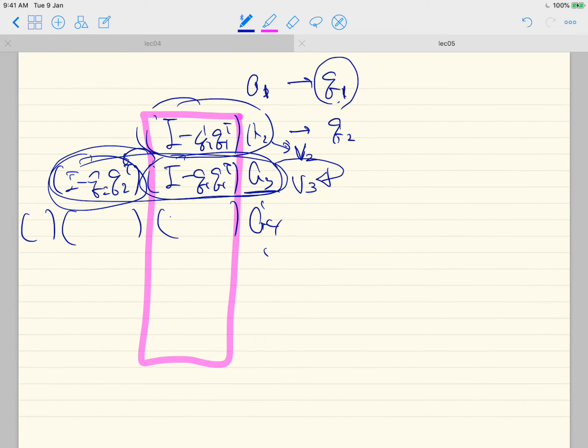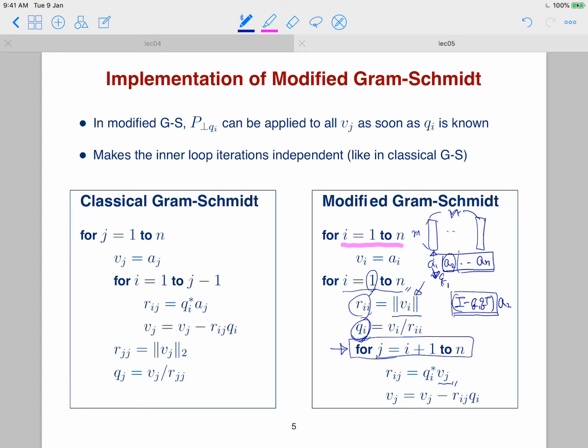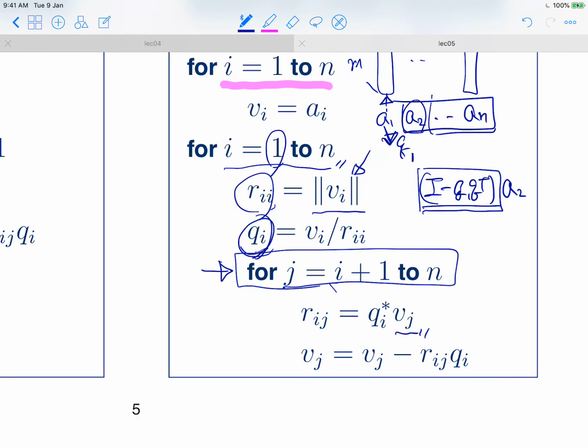Okay, so once you get this idea for the remaining columns, what is this part? Where is our I minus q q transpose stuff, right?